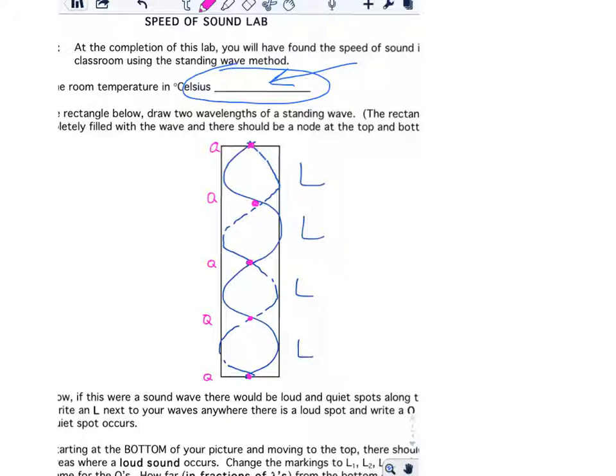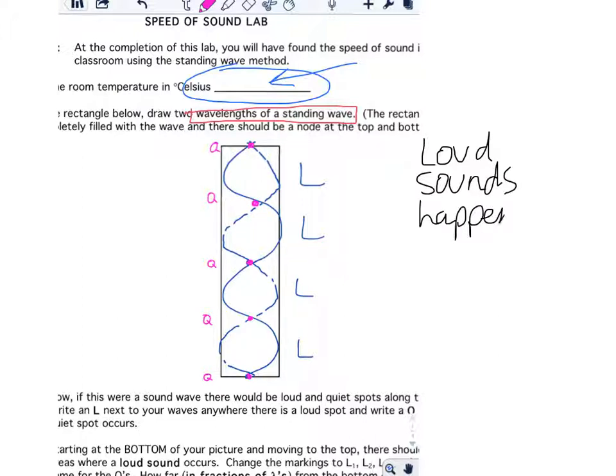You're going to need to go ahead and draw 2 wavelengths of standing wave, just like I've done here, and mark the quiet and the loud spots. So loud sounds, you can put this in your lab here, happen at antinodes.